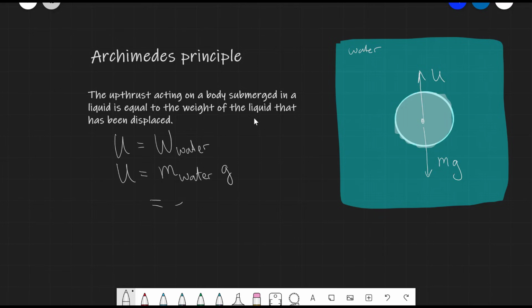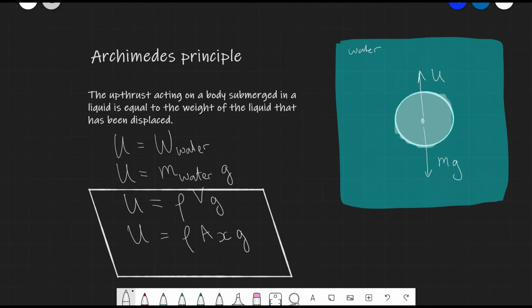Now the mass of the water is just equal to the density multiplied by the volume that has been displaced, so the upthrust will be equal to that. Now let's say that an object has a generic area A and a height, let's say x, or it could be h. Then the formula for Archimedes' principle is best summarized by those two equations over here: the upthrust is equal to the density multiplied by the surface area multiplied by the height times g.